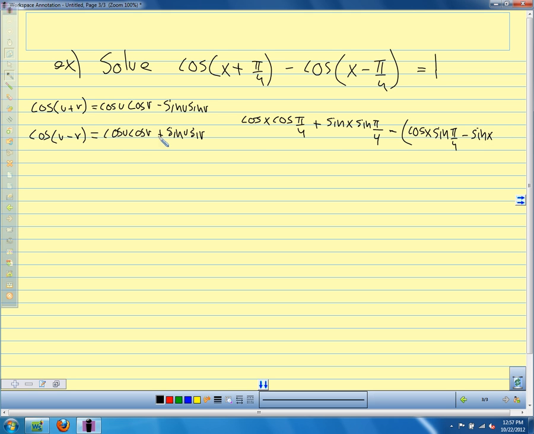This one, I messed up. This one should be a minus, because the cosine of u plus v is cosine u cosine v minus sine u sine v. So this one should be minus cosine x cosine pi over 4, and this one should be a plus sine x sine pi over 4, and that equals 1. Lots of opportunities to make mistakes here.